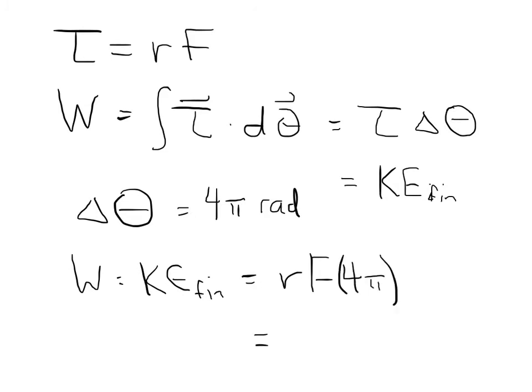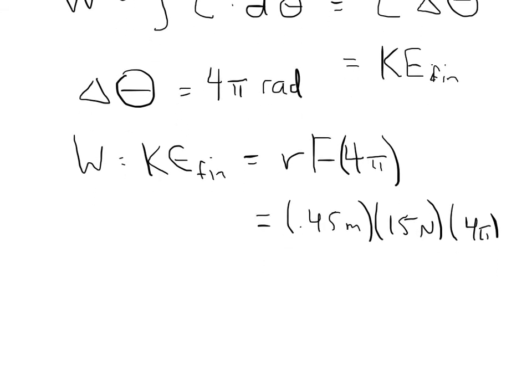When you plug all the numbers in, the diameter is 90 centimeters, so the radius is 45 centimeters, or 0.45 meters. The force is 15 newtons, and 4 pi is about 12 and a half. When we plug in all of our numbers and calculate, we get 84.82 joules. Remember, newtons times meters are joules. So that is our final kinetic energy.